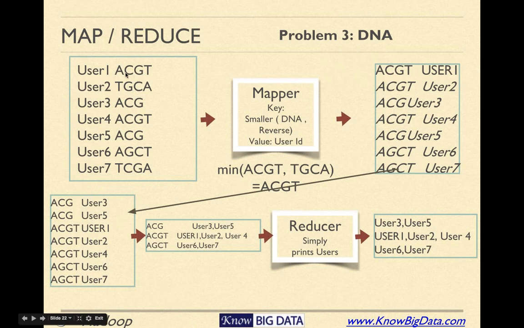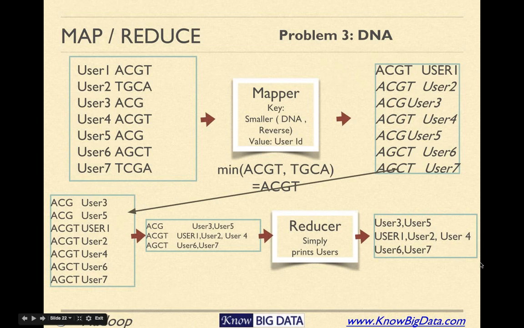So let's take ACGT, and the reverse of ACGT is TGCA, and the minimum of the two is ACGT. Similarly, in case of TGCA, the mirror image is ACGT and the minimum of the two is ACGT. When I say minimum, I mean if you place them in a dictionary, the Oxford dictionary, which one will come first? The one starting with A will come first.